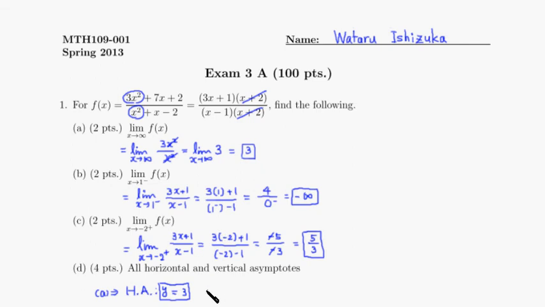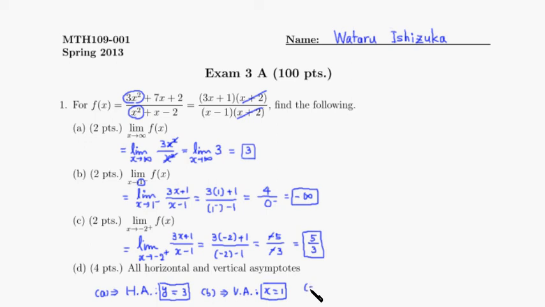Then part B tells you that since the limit as x approaches 1 from the left goes to negative infinity, there is a vertical asymptote there. So the vertical asymptote is x equals 1.